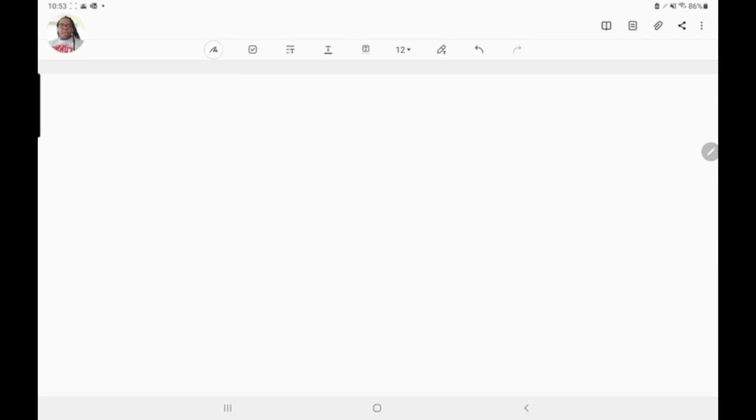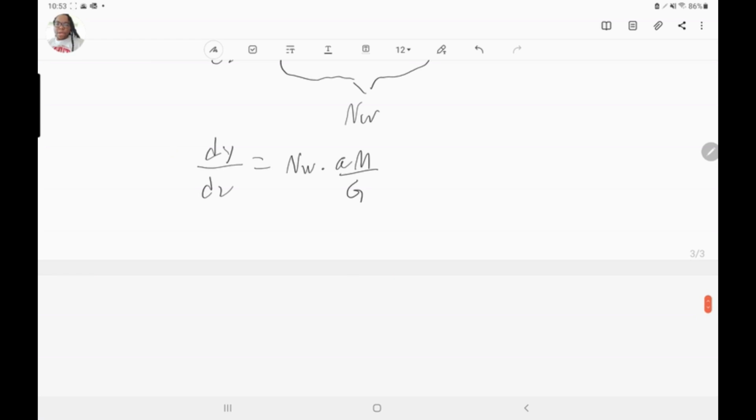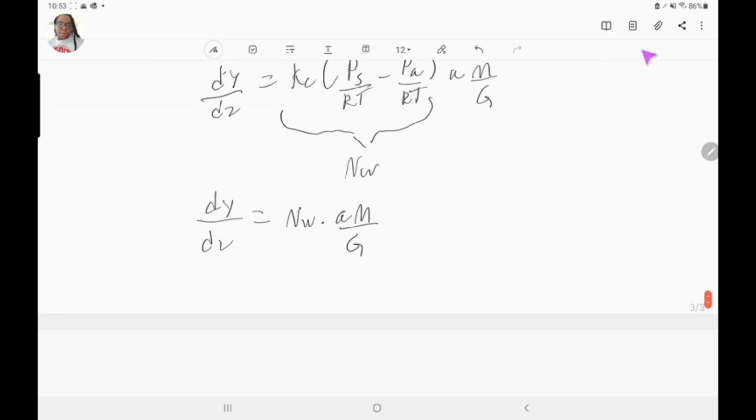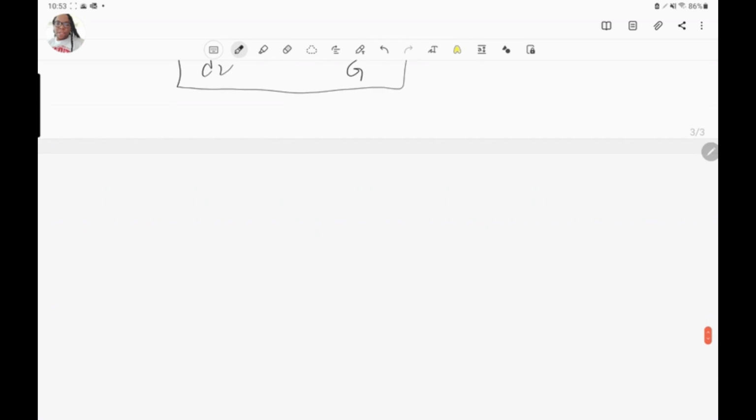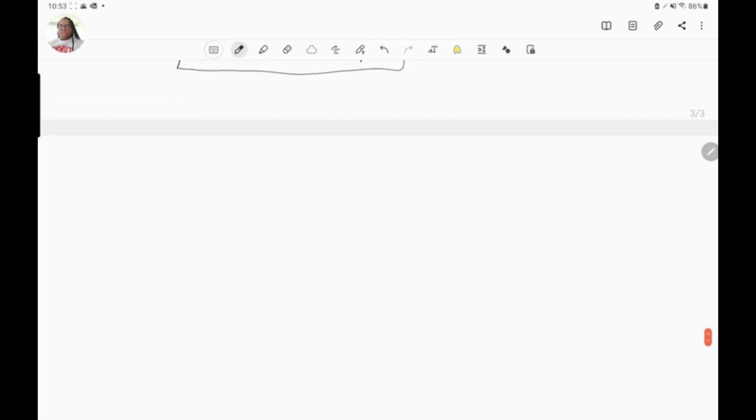All right, so for our next portion here, earlier we found our change of our mole fraction of water in terms of height. And so next we're going to consider our change in our temperature of water in terms of height. Whenever we think about the temperature, we think about also enthalpy, the energy of that.